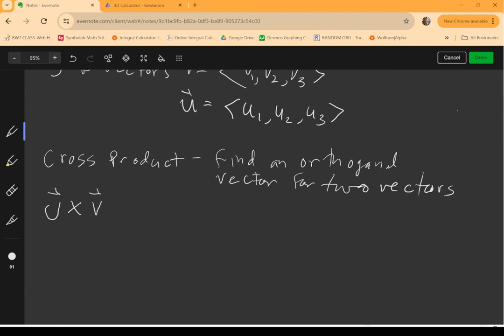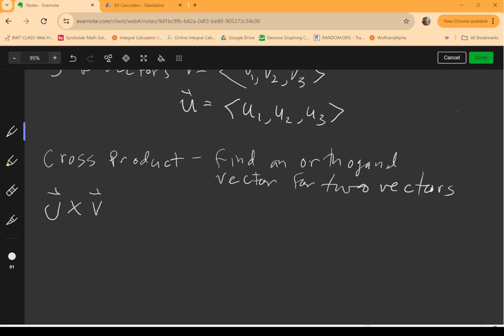Again, this term orthogonal: in 2 dimensions, we say perpendicular. When we're in 3 dimensions or higher, we use the word orthogonal. So the angle between the 2 vectors is 90 degrees, or in other words, the dot product is 0, is another way to represent that situation.